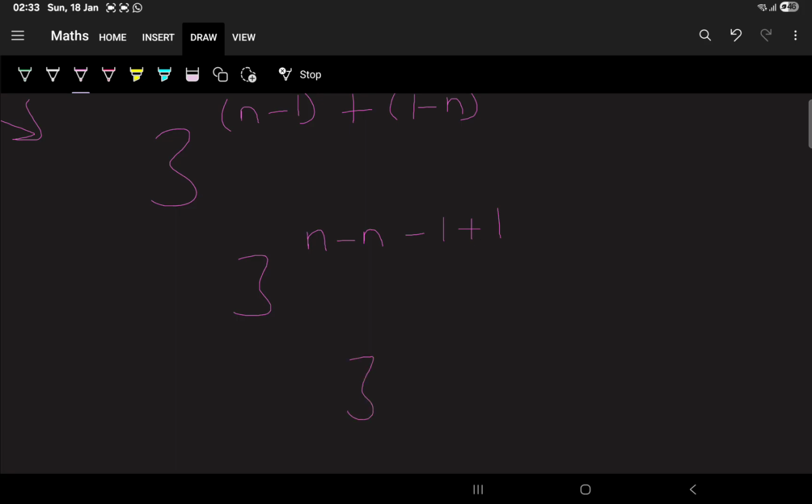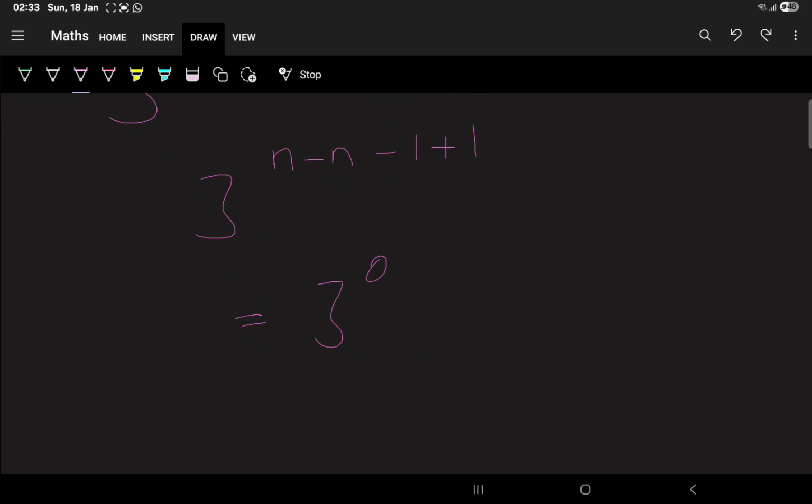Now n minus n is 0, 0 minus 1 plus 1 is 0. So this simplifies to 3 raised to the power of 0, which is 1.